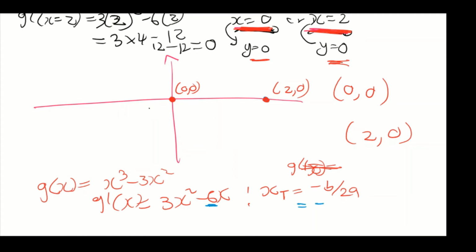So it's going to be equal to minus into minus 6 divided by 2, and our a value is going to be this 3 here, and you should get 1. So your x value of the turning point should be 1.